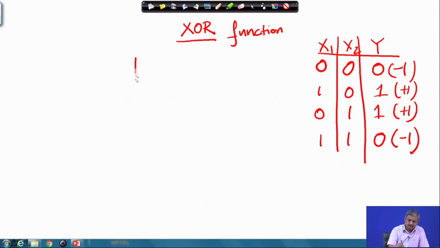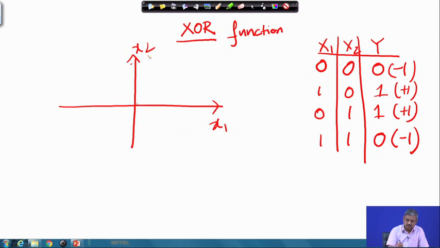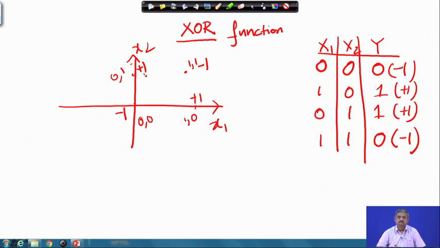If I plot it, you can see these two are the negative points, 0 0 and 1 1, and these two are the positive points, 1 0 and 0 1. So this is negative whereas this is positive. Now, you cannot draw a line to separate the positives from the negatives. No line can be drawn, you can check.